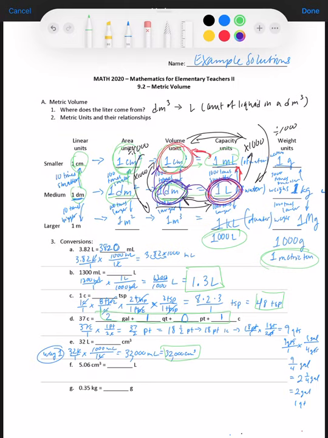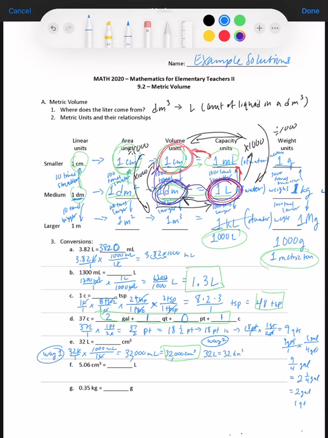Now way number 2 takes our 32 liters. Put over 1, multiply it by, well, they're going to be the same as the decimeters cubed. So 32 liters is 32 decimeters cubed.